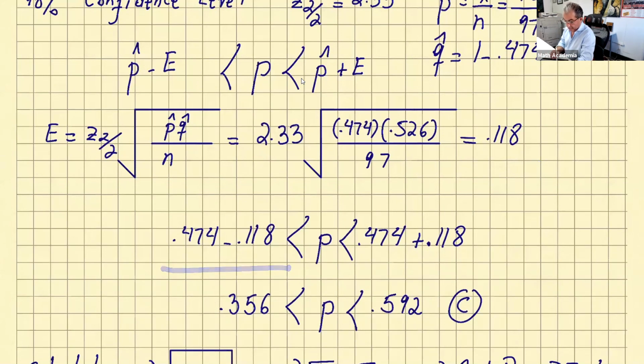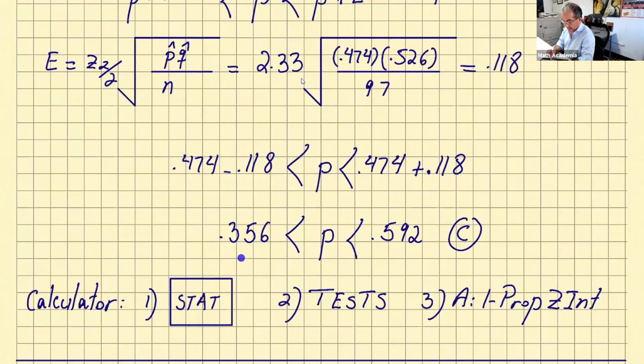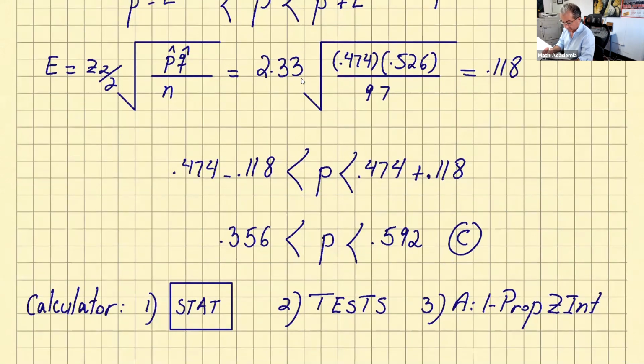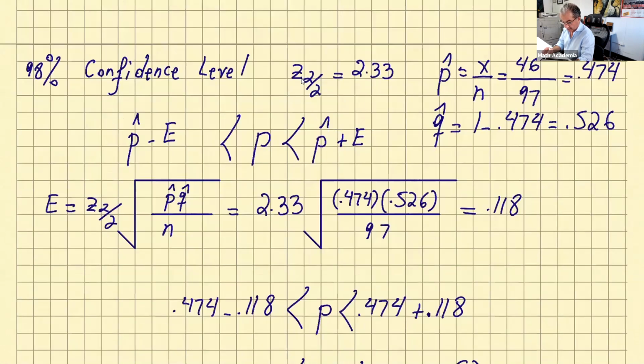Use the formula: 0.474, which is p hat, minus E, which is 0.118, less than p, less than 0.474 plus E, which is 0.118 again. And if you do that, you get this answer, which is C. So C is the answer.